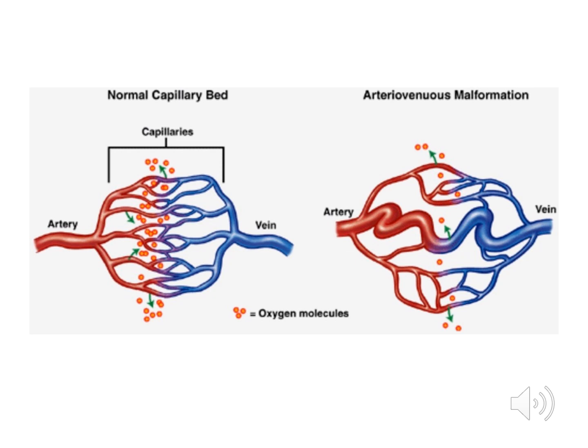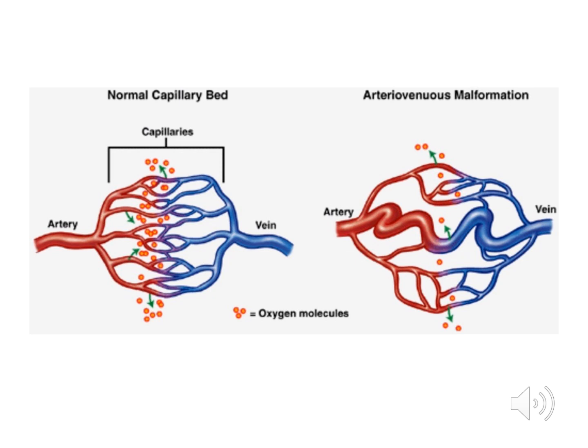Now, you know that usually arteries flow into capillaries, which then flow into veins, right? And as the blood comes in from the arteries at high pressure, that pressure kind of dissipates in the capillaries and then continues on through to the veins at a much lower pressure.